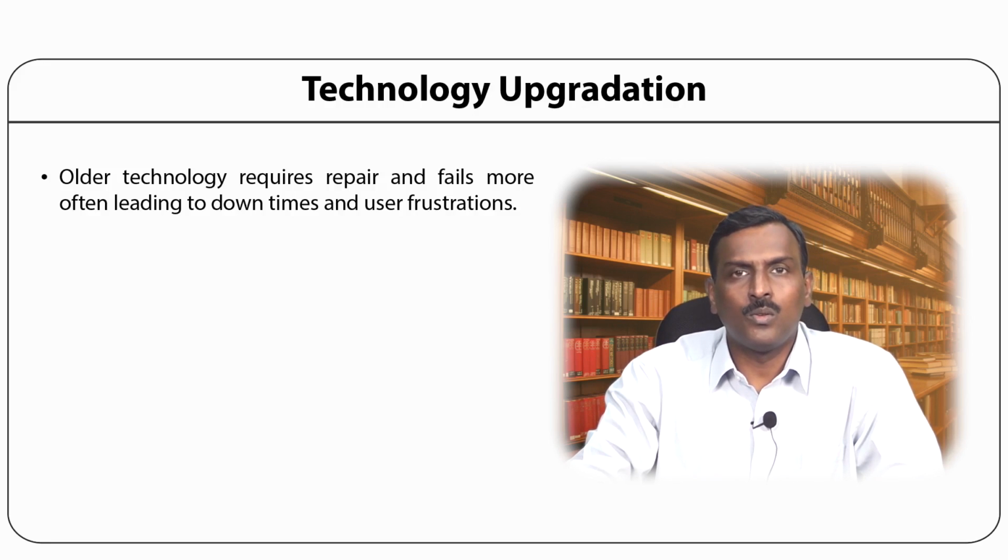They prefer to use the technology for their reading and knowledge improvement. So any problems with technologies or any failure of technology can lead to user frustrations and eventually loss of library users.